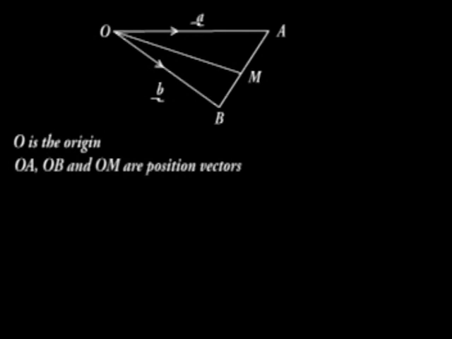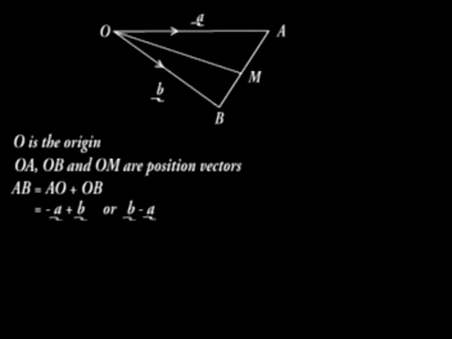Midpoints. Consider the figure below. O is the origin. OA, OB, and OM are position vectors. AB is equal to AO plus OB.